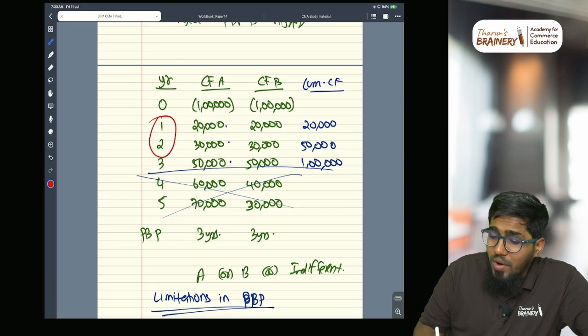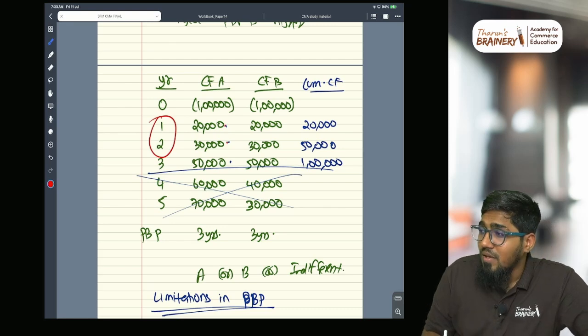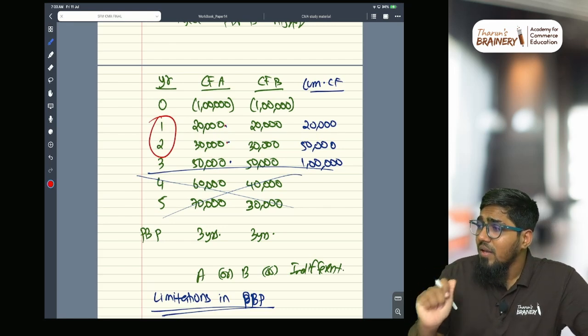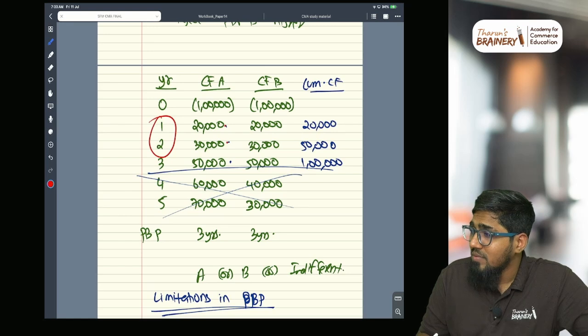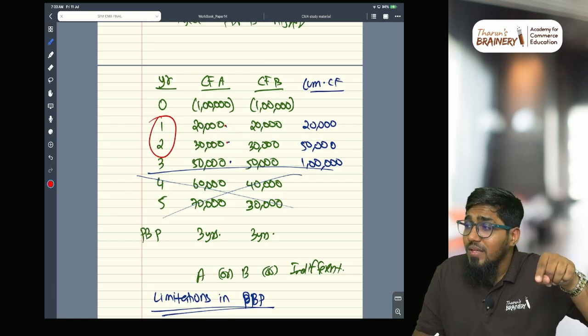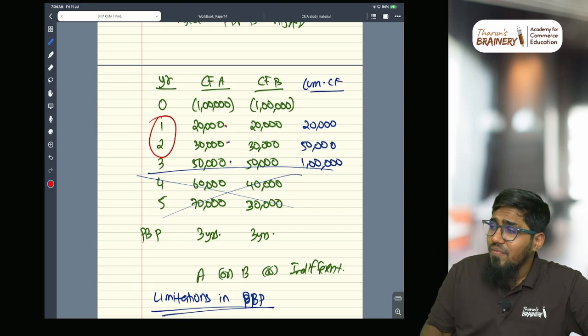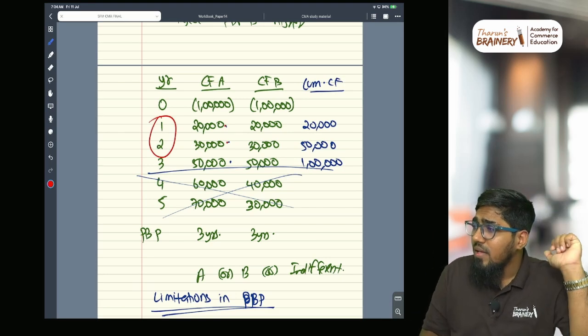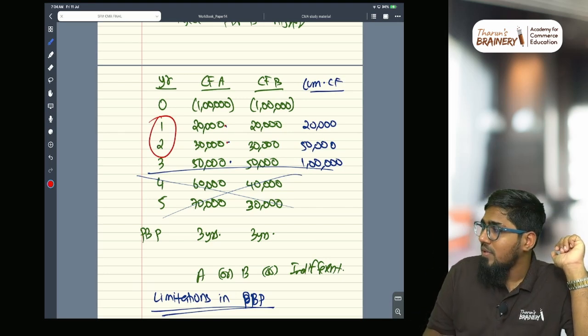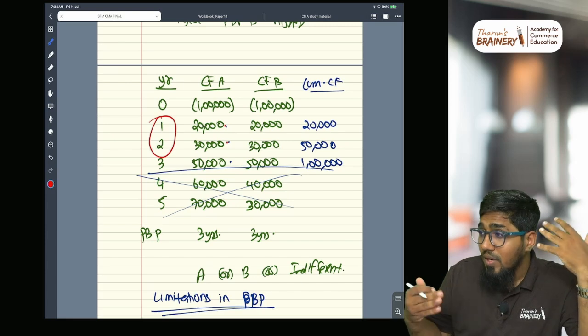What is this 20 plus 30? How on earth can you add a year 1 cash flow with a year 2 cash flow? Year 1 cash flow has a different value, year 2 cash flow has a different value. Nonsense. Are you all understanding this?